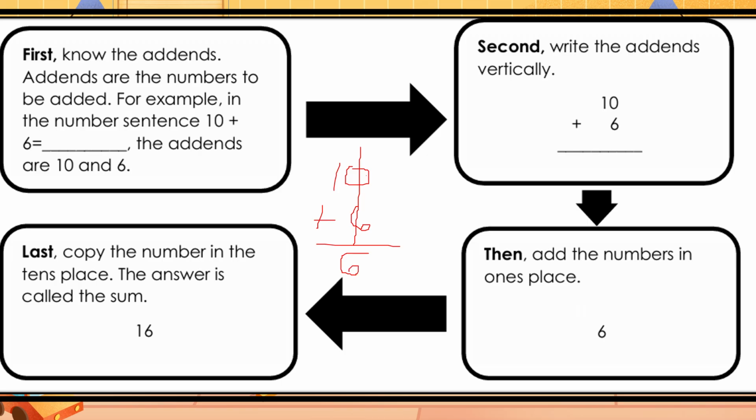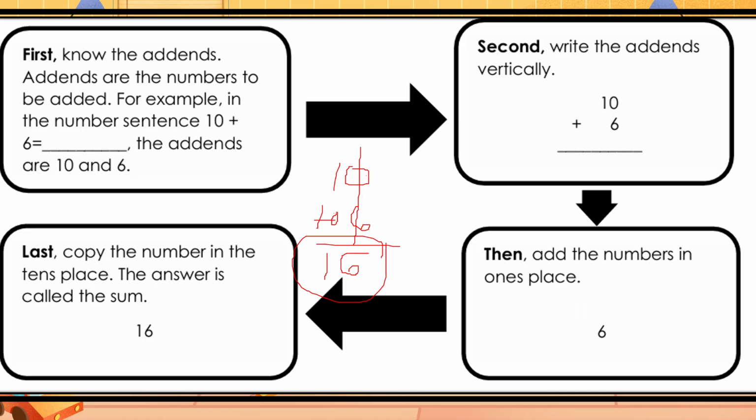Since there is nothing here, it's blank, so it is considered as 0. So there's nothing to add. Let's say 1 plus 0 is still 1. So we bring this down, and that gives us the number 16 as the answer.